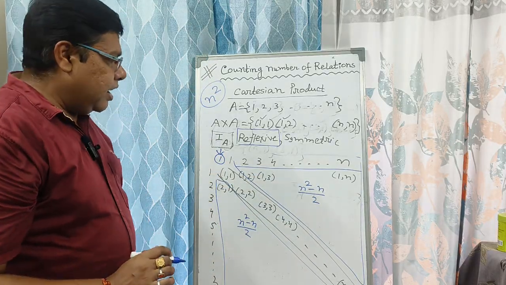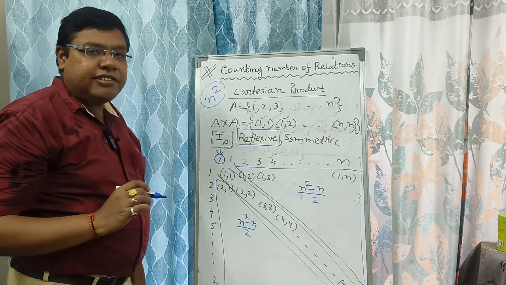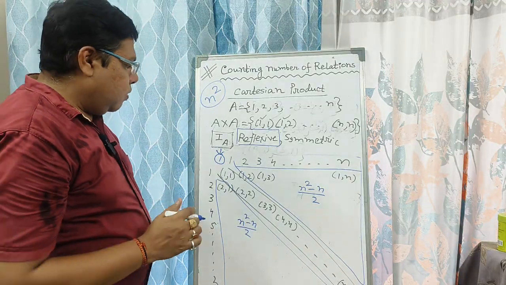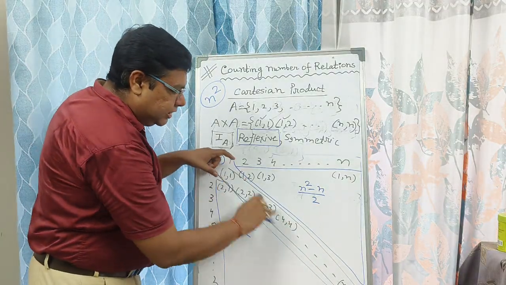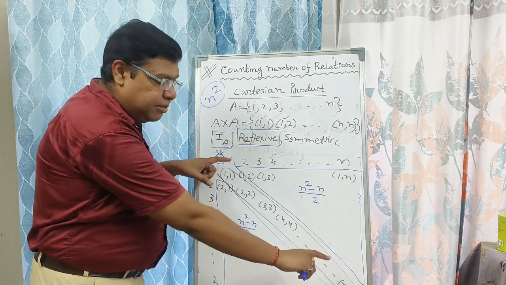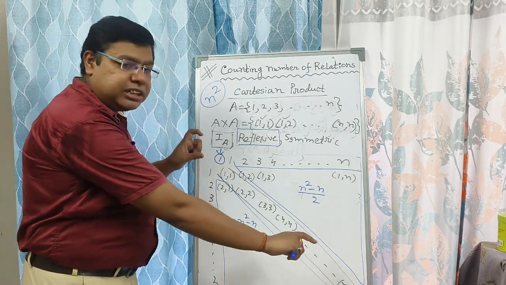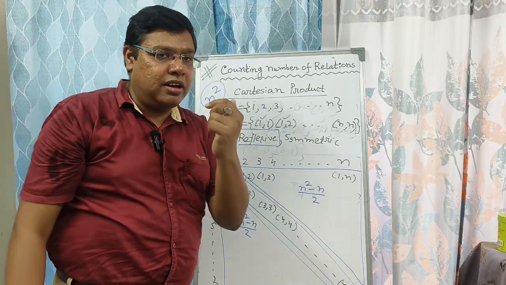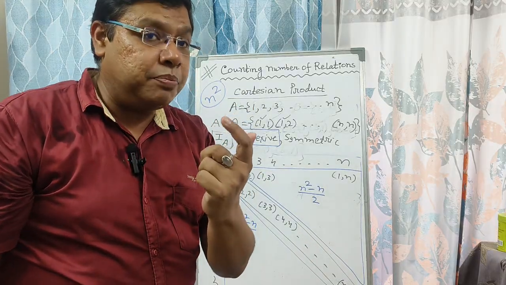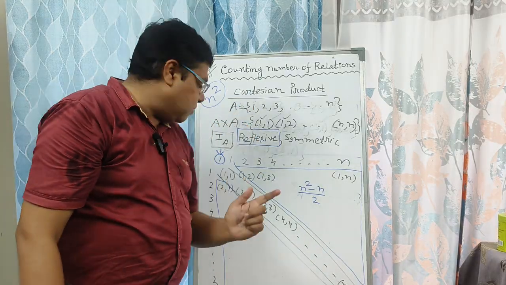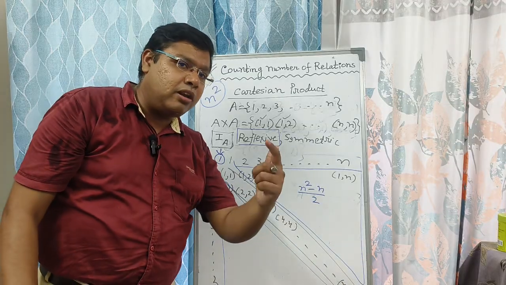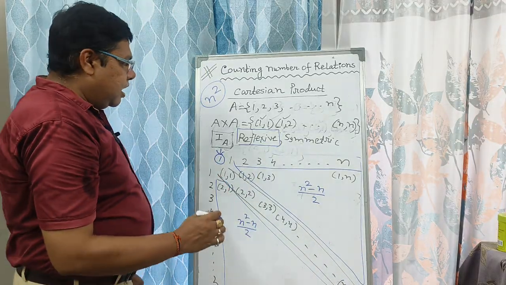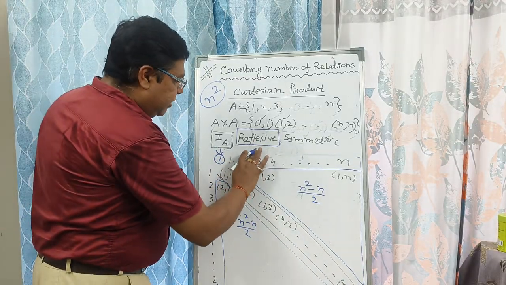Clear? Now, in the reflexive, we have to take these elements mandatory. All these elements should be taken. That is one way. Recall the concepts of P and C, permutation combination. Only one way I can select them all. Now I am talking about reflexive.